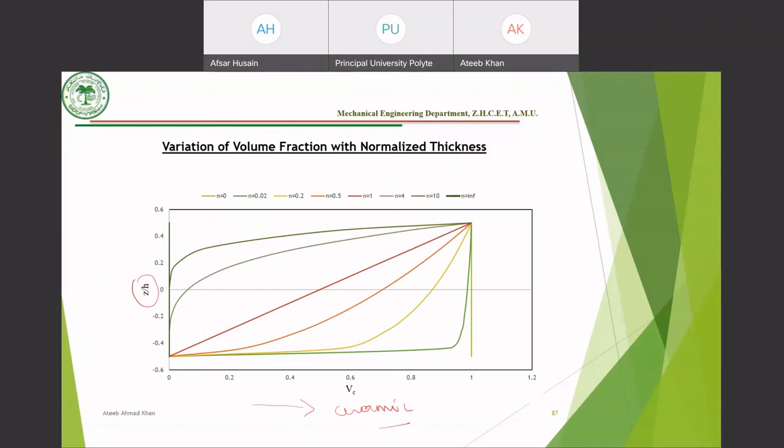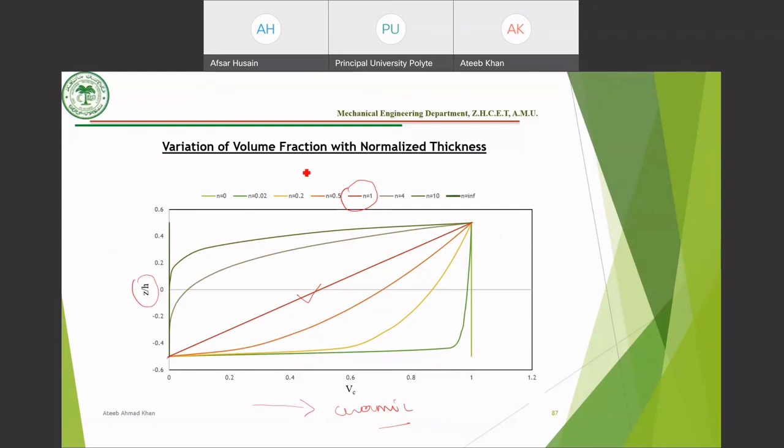If you take the inhomogeneity parameter n equal to 1, then this is the case where the variation of the volume fraction of ceramic is linear. Here the volume fraction is 0, that means at this point the material is 100% metal, and at this point the material is 100% ceramic. So the transition from metal to ceramic is linear when we are taking n equal to 1.